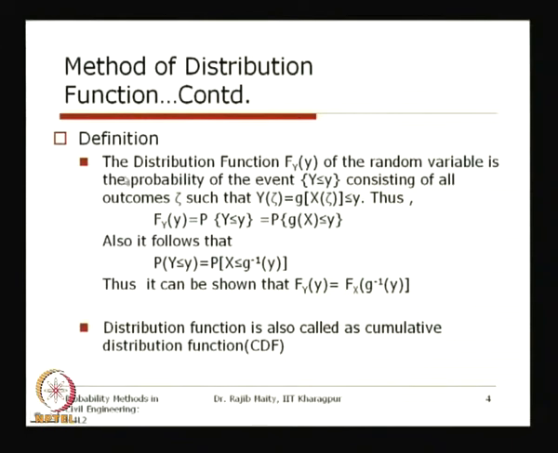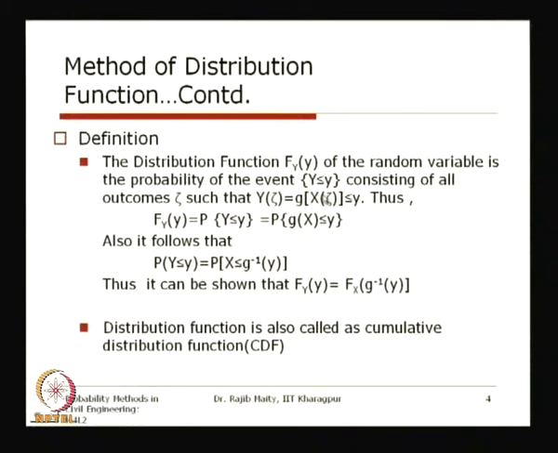What we just discussed is that the distribution function, the cumulative distribution function F_Y of a random variable, is the probability of the event that Y is less than or equal to a specific value y, consisting of all outcomes xi such that Y(xi) equals g(X(xi)), which is less than or equal to y.